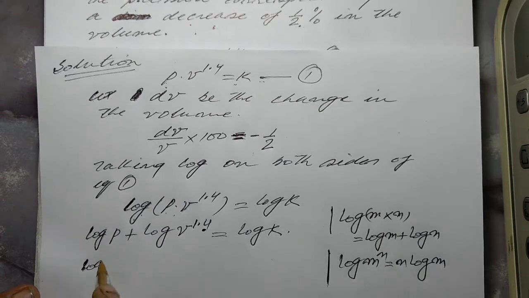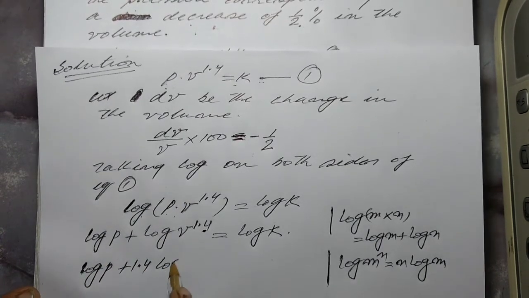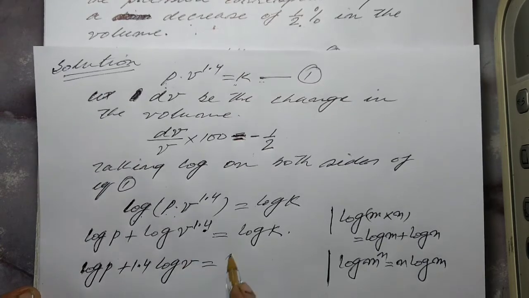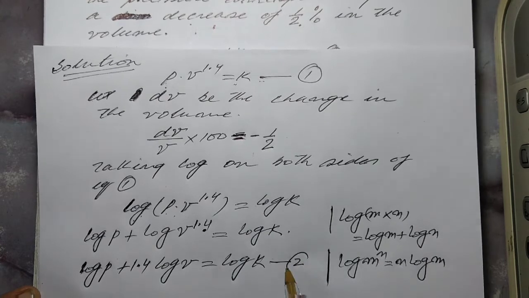So log P plus 1.4 log V is equal to log K. Let it be equation number 2.